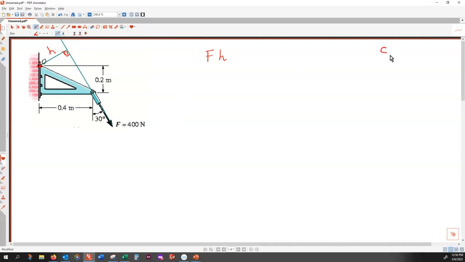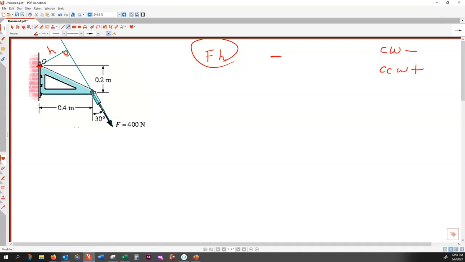Clockwise is negative, counterclockwise is positive. So I know that this one would be a negative rotation. But finding h is not simple because I have to do some angle calculation and trigonometry. So instead, I decide to do it a simpler way.